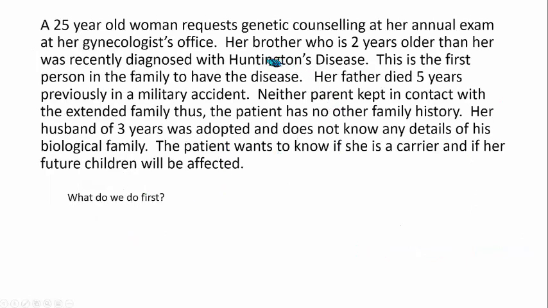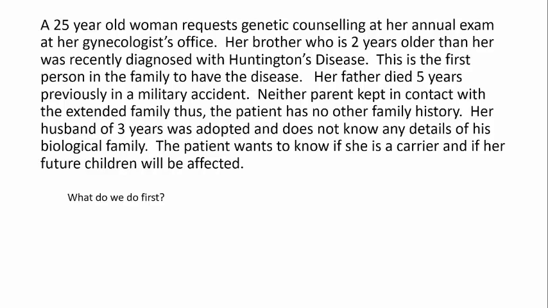In a case where you have a disease that is very devastating, we typically always diagnose the patient first before we do any genetic testing. In a disease like Huntington's disease, it's very easy to do the diagnostic testing for this patient. As soon as this person came into the office, we would have drawn blood and looked at their repeat number for Huntington's disease.